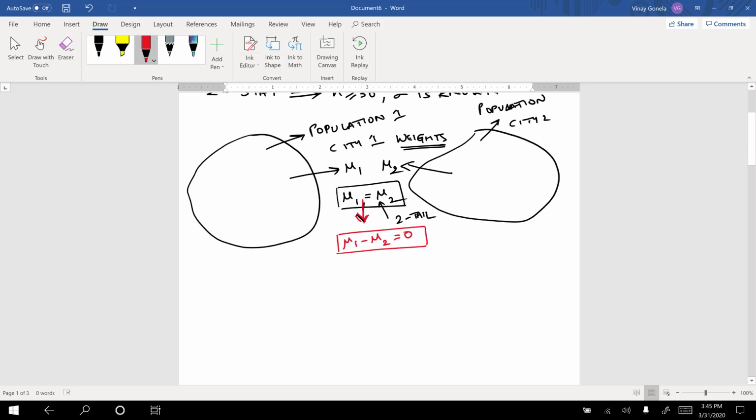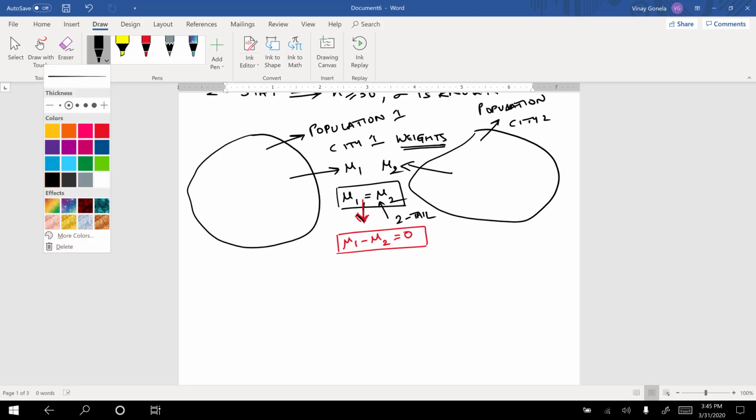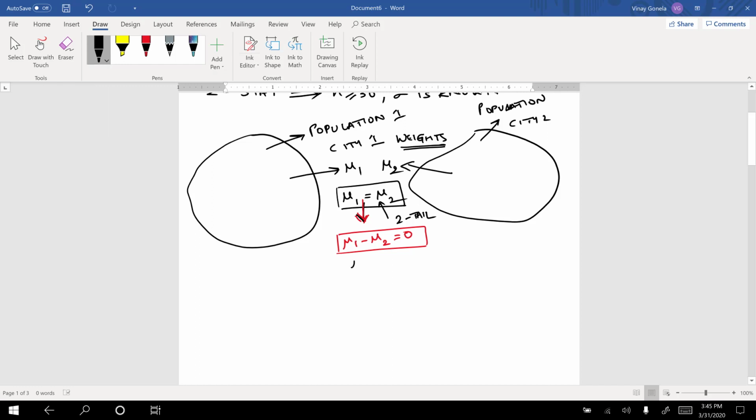The other instance that can happen is that your mu1 is less than or equal to mu2. What that means is city 1's weight is less than or equal to city 2. So this again can be written as mu1 minus mu2 less than or equal to 0.